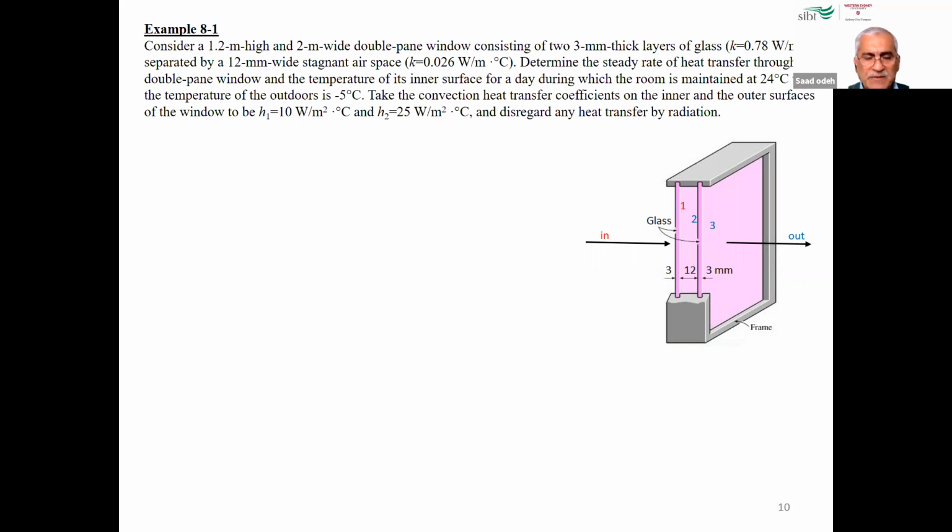And this means that you're gonna consume a lot of energy to heat the space inside the building or to cool it in summertime. And therefore, you need to use the double glazed window. All right.